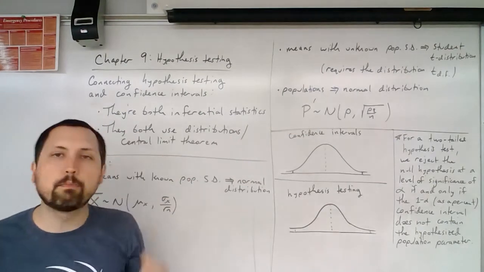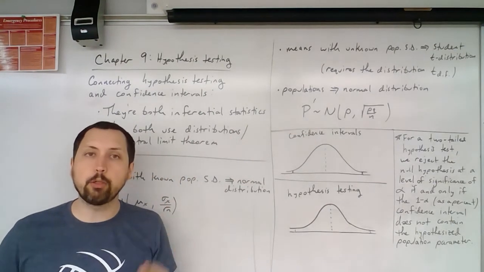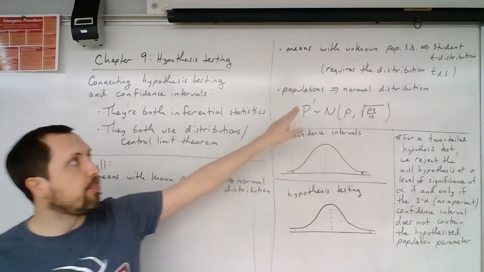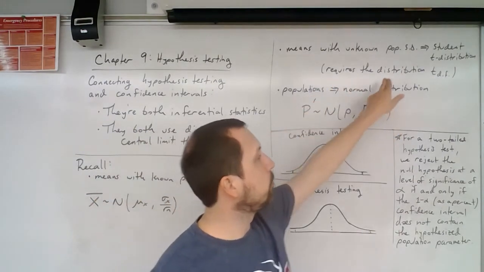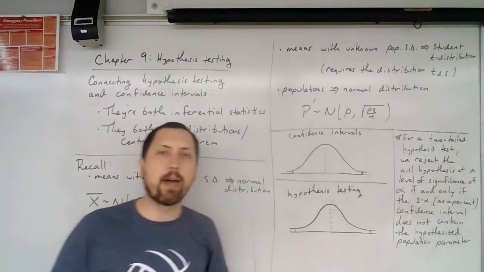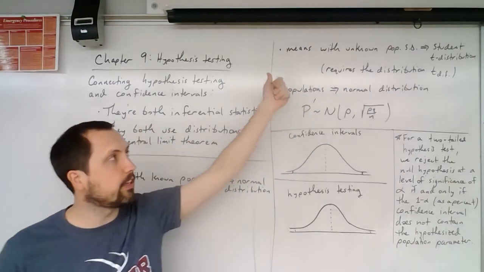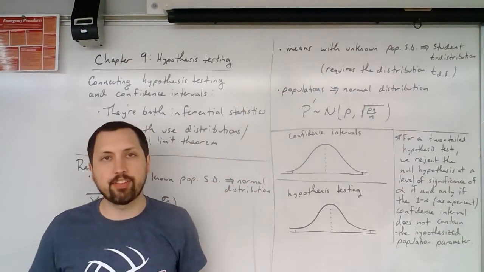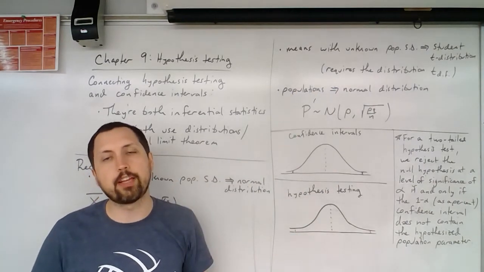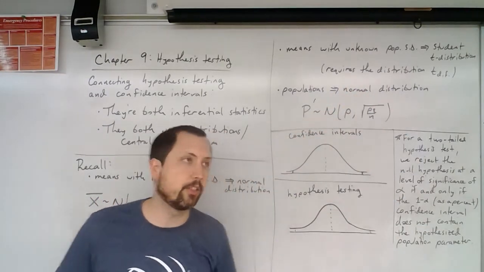If we're looking for means but we don't know the population standard deviation, we said we don't have a normal distribution, but we have a student t distribution. This requires t with degrees of freedom. Remember, the degrees of freedom is just n minus 1. So again, in both confidence intervals and hypothesis testing, if you're looking at means with an unknown population standard deviation, you have to use this t distribution with n minus 1 degrees of freedom.